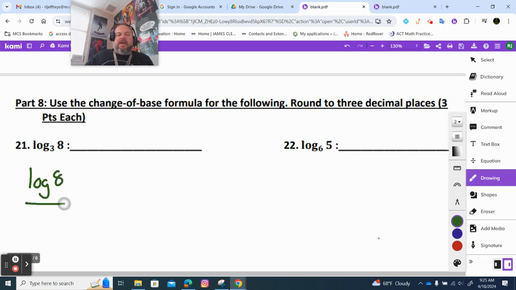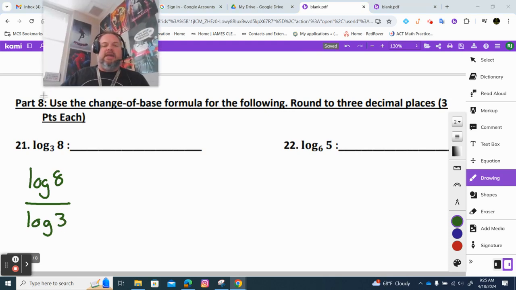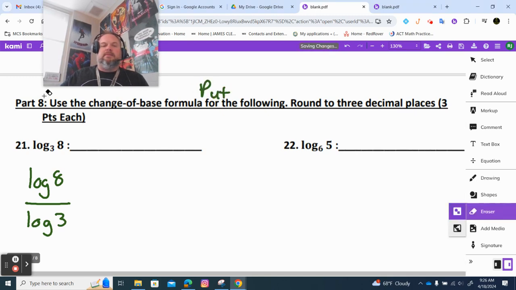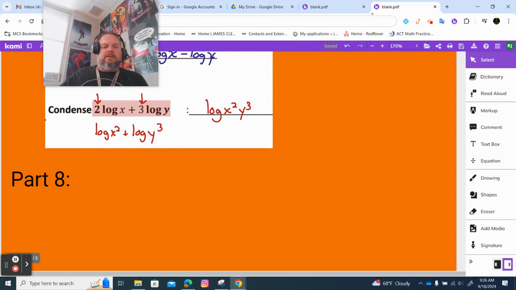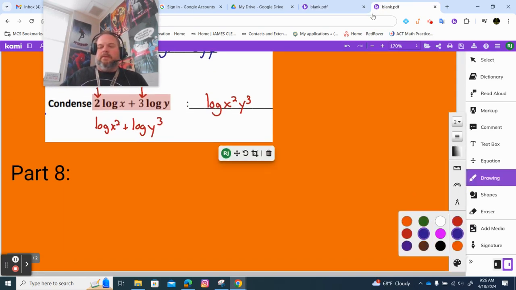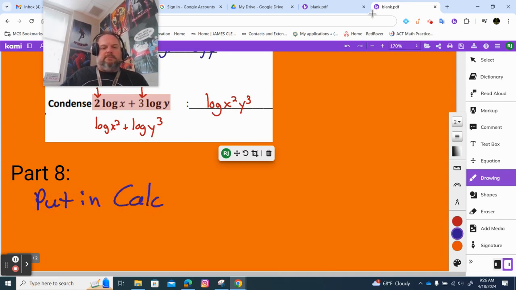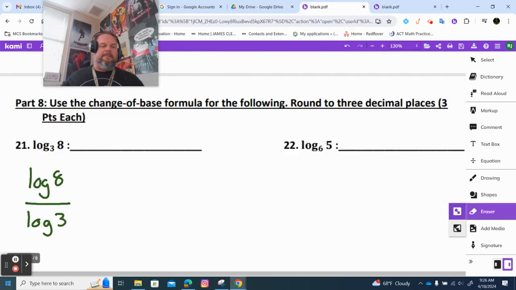So it's log of 8 over log of 3. Put it in calc. All right.